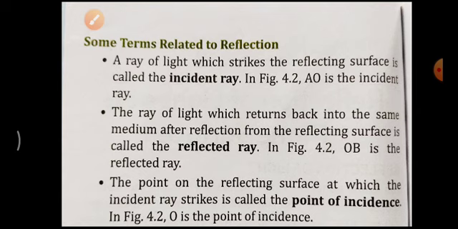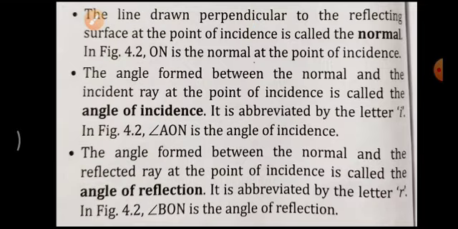The point on the reflecting surface at which the incident ray strikes, at a particular point only, is called the point of incidence.